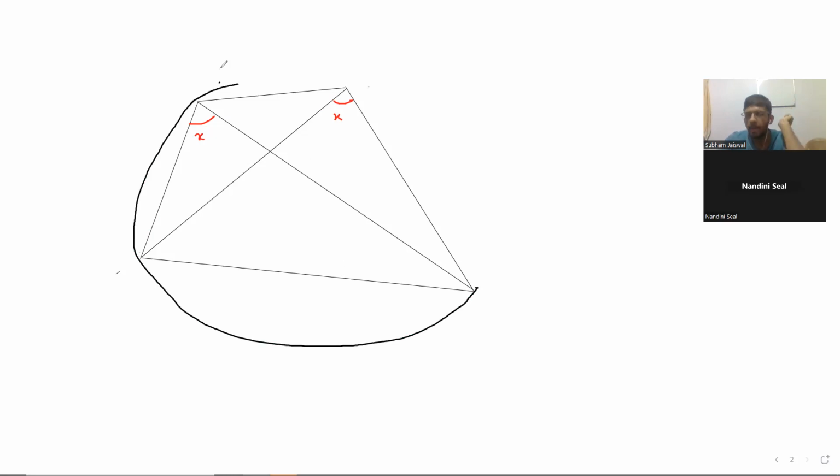This circle will actually also pass through this fourth point. We have to show that.